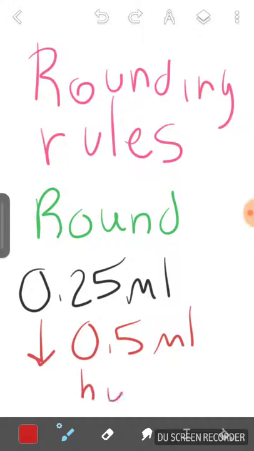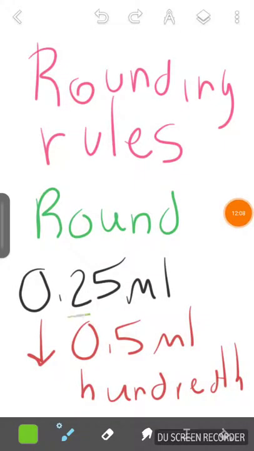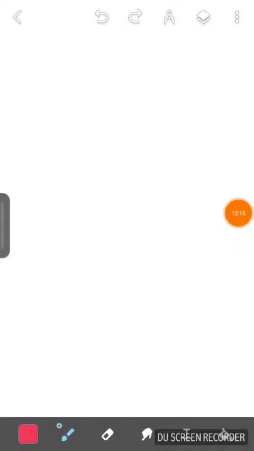So hundredth place. That means hundredth place. See what I'm saying? Because it's less than 0.5. Okay, rounding rules.